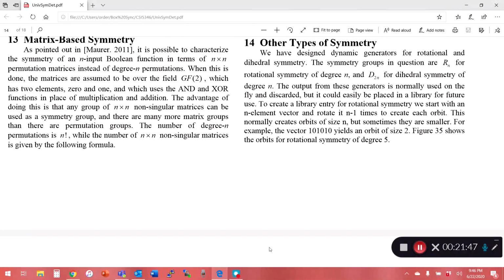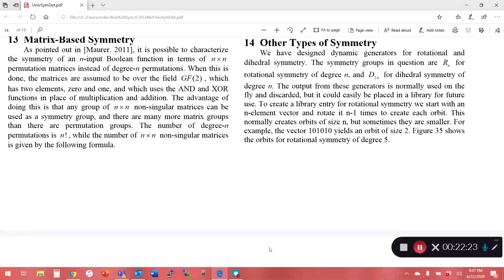We have dynamic generators for rotational and dihedral symmetry. Those are the big ones, and they're also relatively easy to create. We could, using the algorithms described already, do dynamic generation for partial symmetries, but I preferred instead to generate libraries for those because it's not particularly demanding to do that.